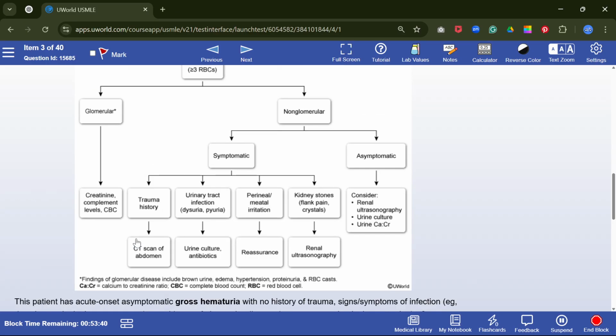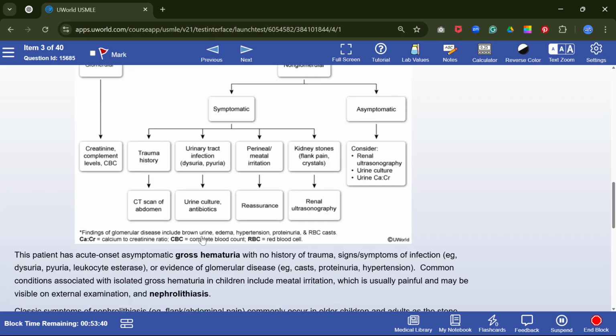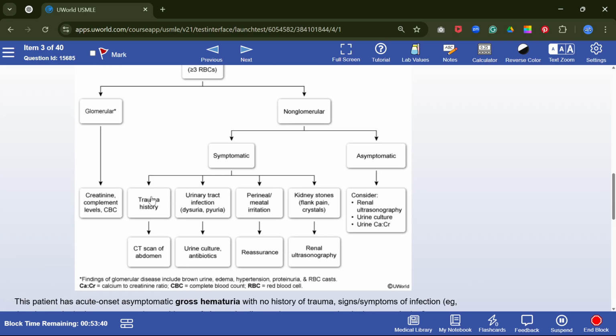findings of glomerular disease include brown urine, edema, hypertension, proteinuria, and RBC casts, like nephritic syndrome. Then creatinine, complement level, and CBC. If it is non-glomerular, then is it symptomatic or asymptomatic?